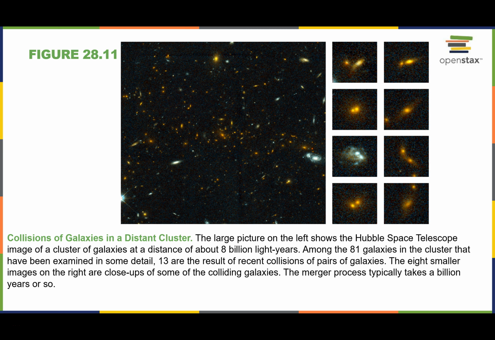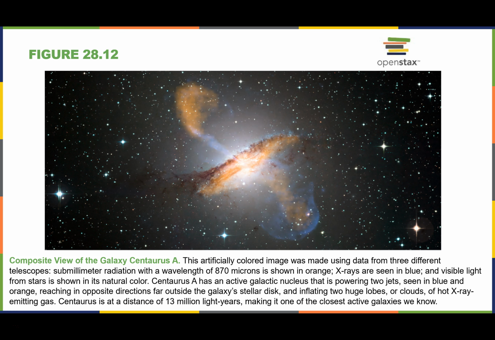So these look farther away, and we'll be talking about that, I think, after your test, something called redshift. Really distant galaxies have this red appearance to them just by nature. And this is showing you some very distant galaxies, 8 billion light years away, interacting. Another galaxy interacting.